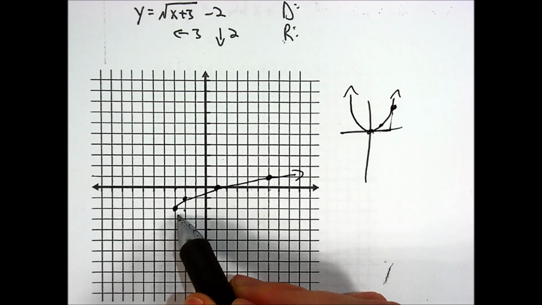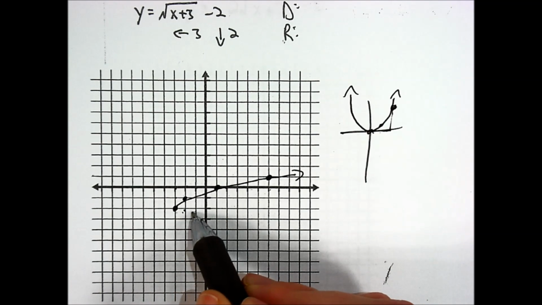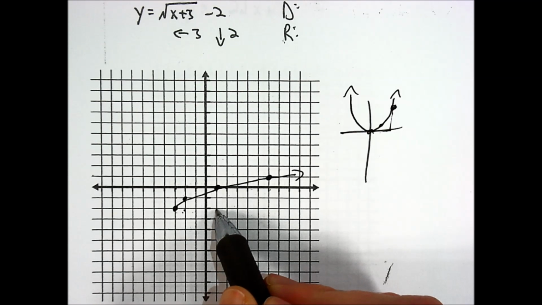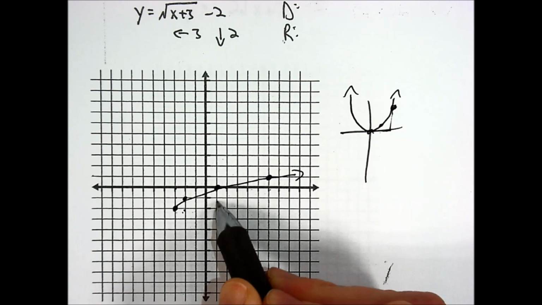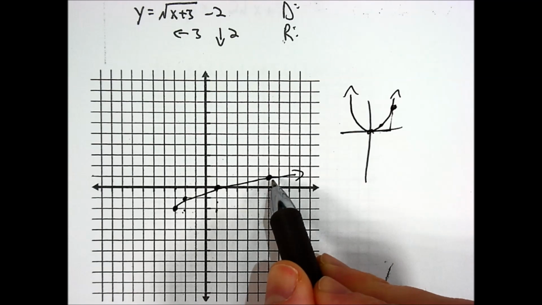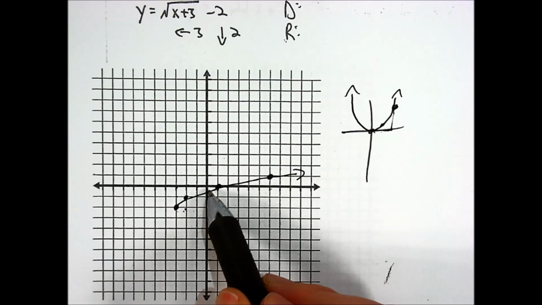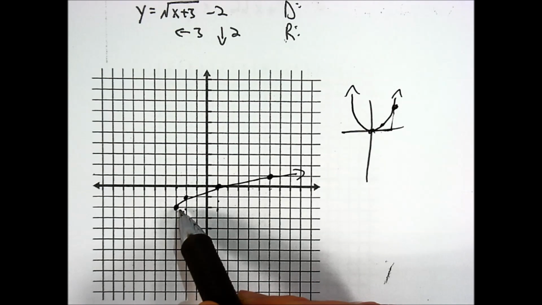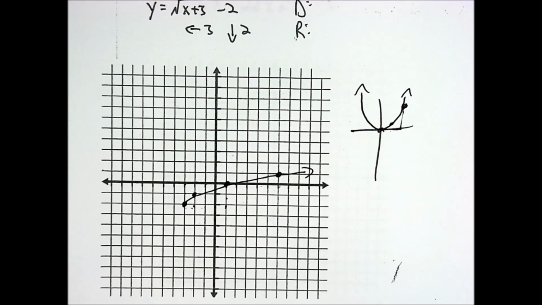Next perfect square is 4, so I'd go out 4, and the square root of 4 is 2, so I'd go up 2. 9, square root of 9 is 3. Now those aren't going out from the origin. That's going out 1, out 4, and out 9 from our original point. That's the shortcut for that one.